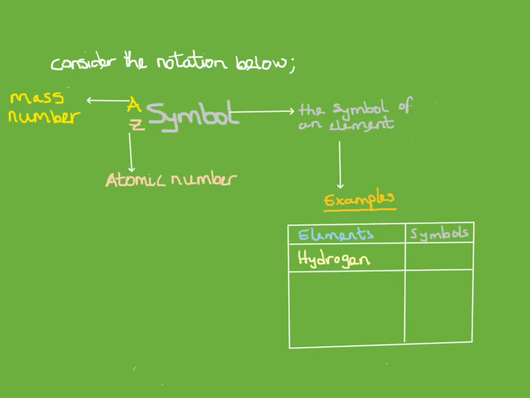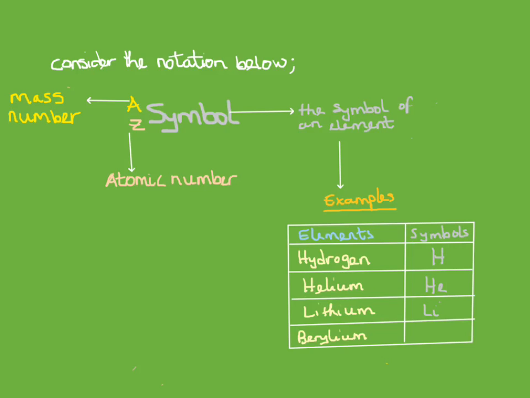We have hydrogen with a symbol H, helium with a symbol He, lithium with a symbol Li, beryllium with a symbol Be. You will notice that the symbol of elements are either the first letter of that element or the first two letters of the name of that element.